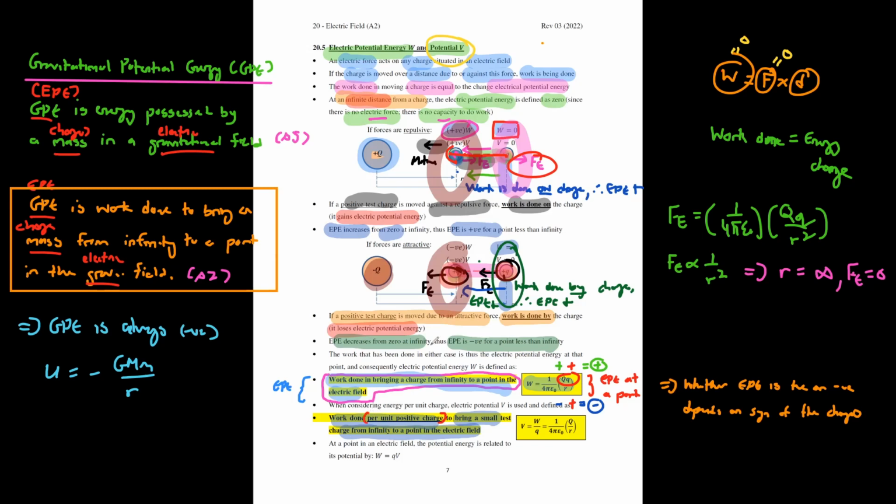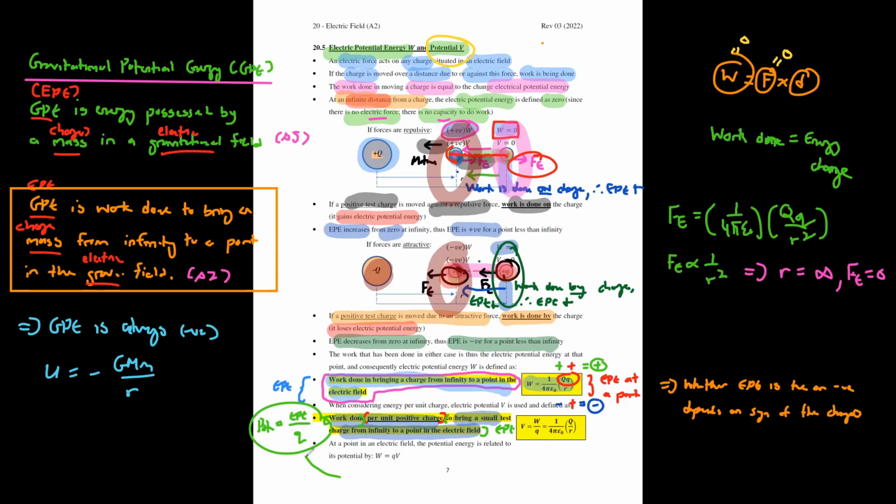So if you look at your definition, work done to bring a small test charge from infinity to a point in the electric field is actually EPE, right? So when you're talking about per unit charge, this means that potential is actually just EPE over the test charge itself.